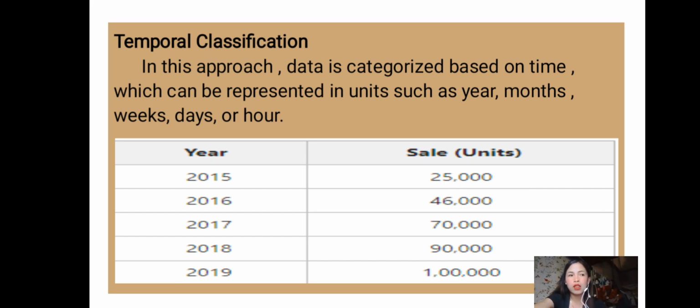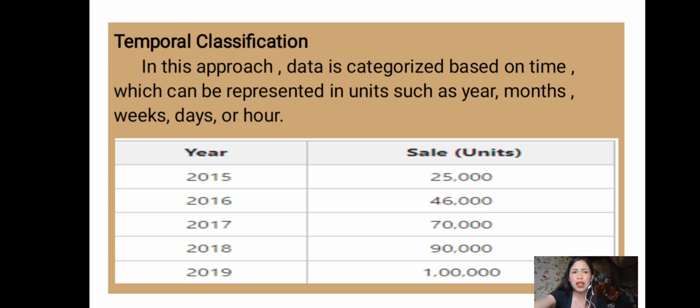It is a method of organizing data in a table where the primary basis for grouping or categorizing the data is time. So instead of grouping data by characteristic like location or quality, temporal classification uses time as a key factor for organizing the data into rows or columns.